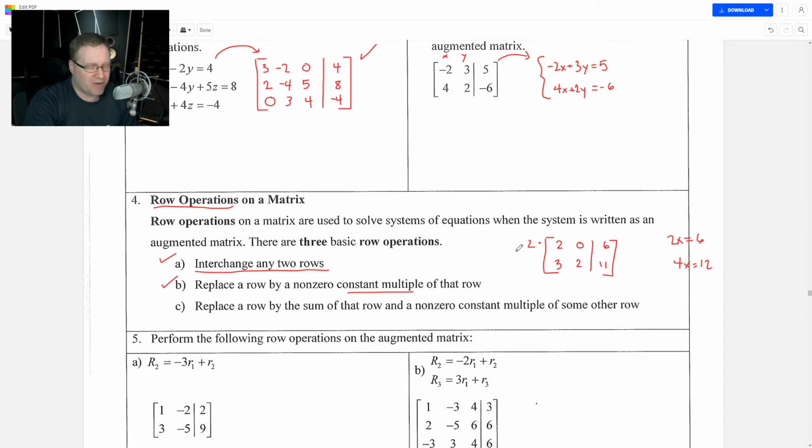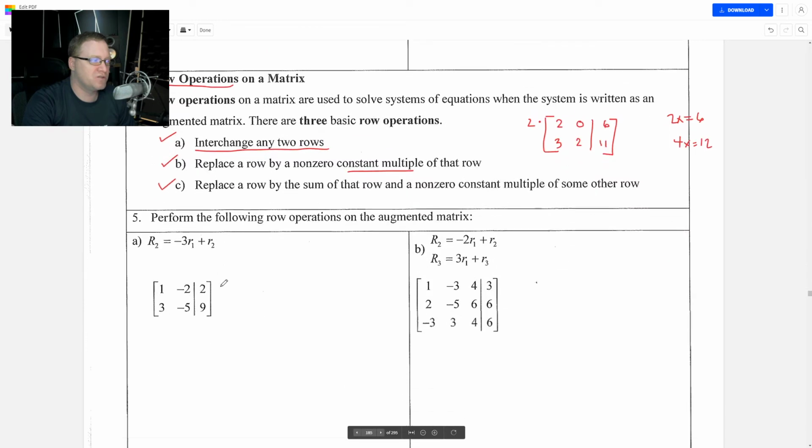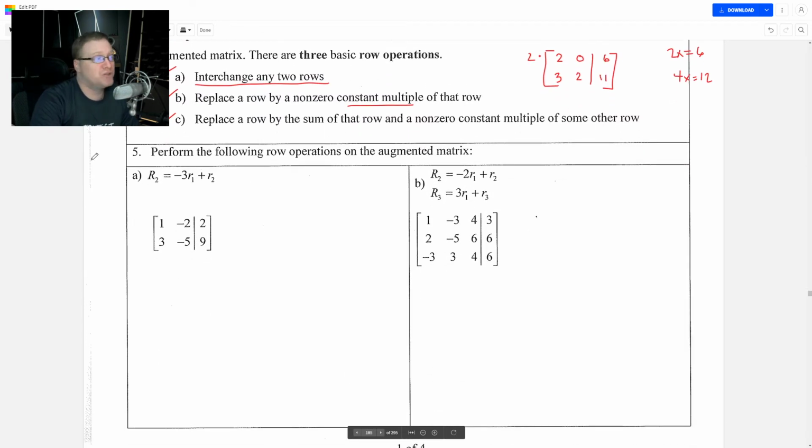Now, I know that's hard to understand when I speak it, but let's look at how this one works. So we're going to do an example of how to do a row operation. Now, this can get confusing, so please watch carefully so you understand this.